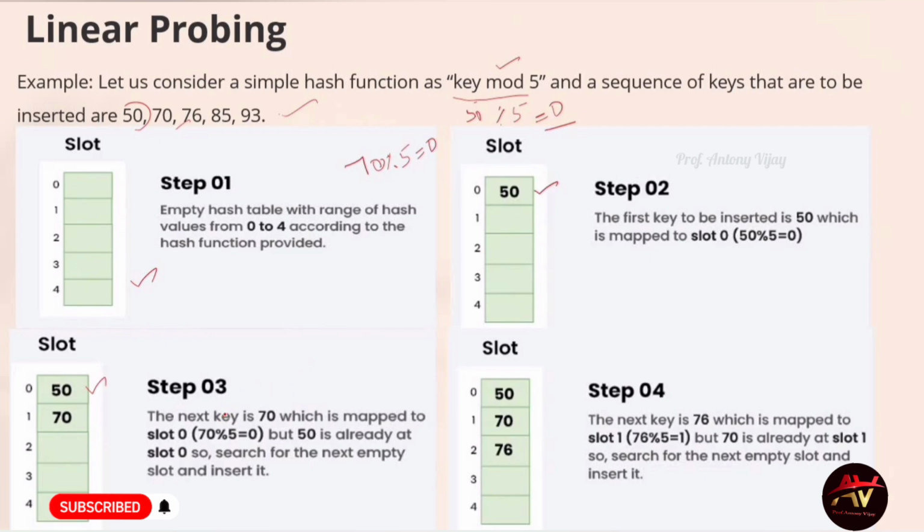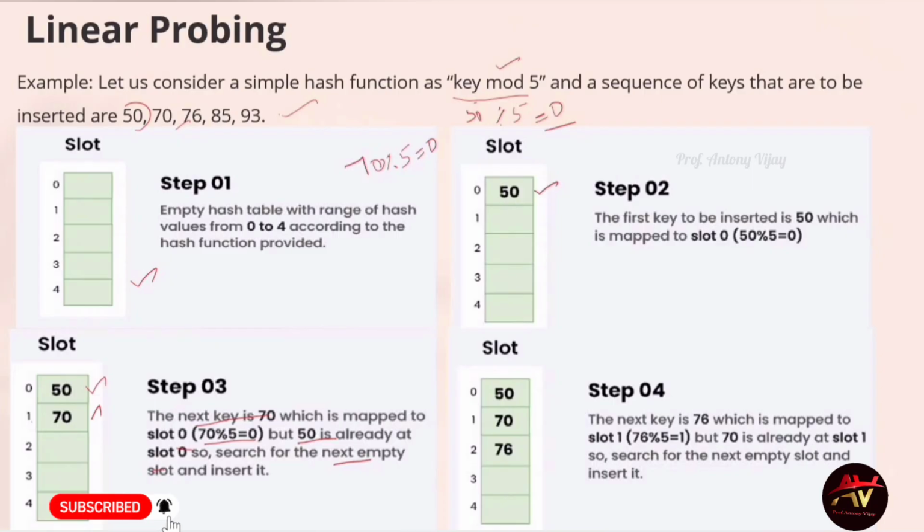The next key is 70, which is mapped to slot 0, but 50 is already at slot 0, so we find the next empty slot. The next empty slot is 1, right after 0, so we place 70 at index 1.